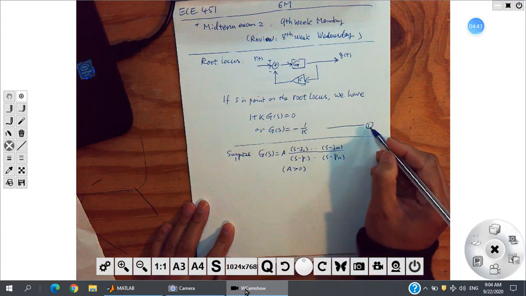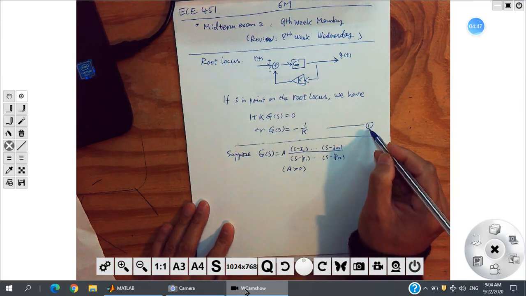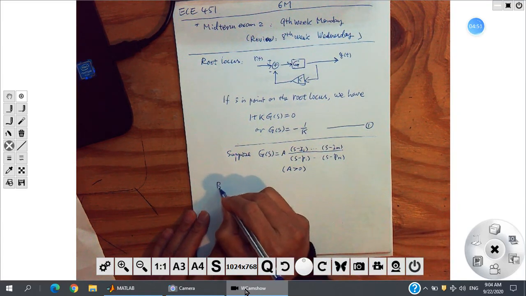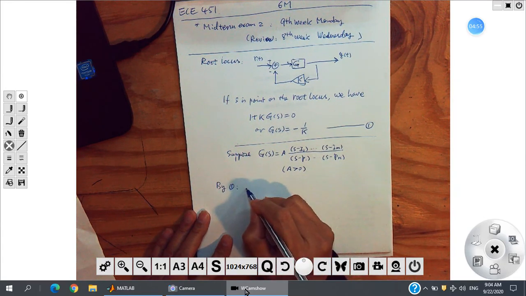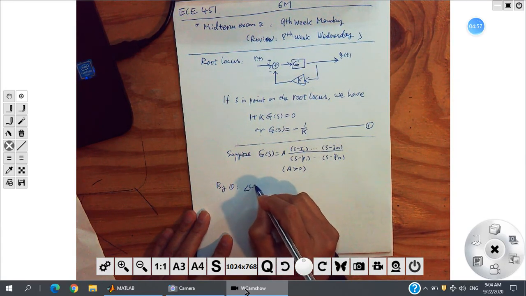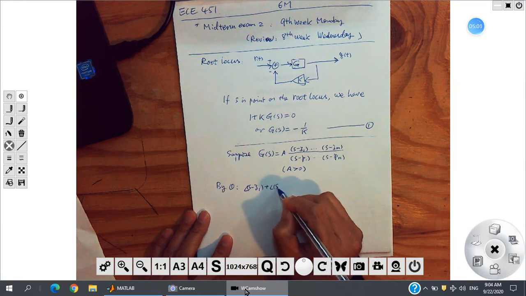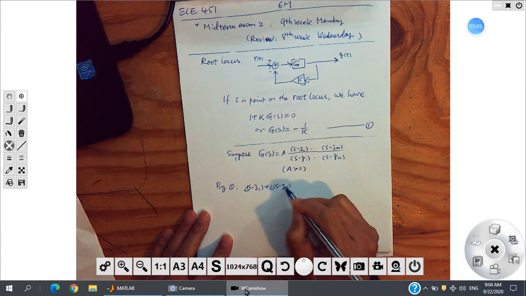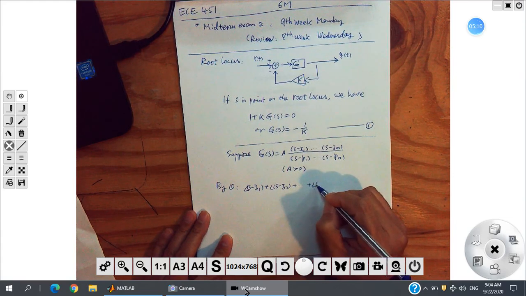Then this equation 1, we can rewrite it in terms of angles. By 1, we have the angle of s minus z1 plus angle of s minus z2 plus until angle of s minus zm.